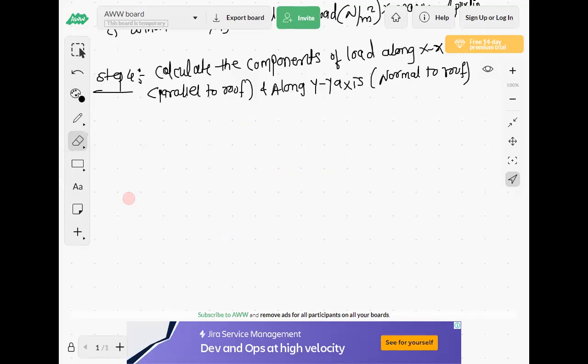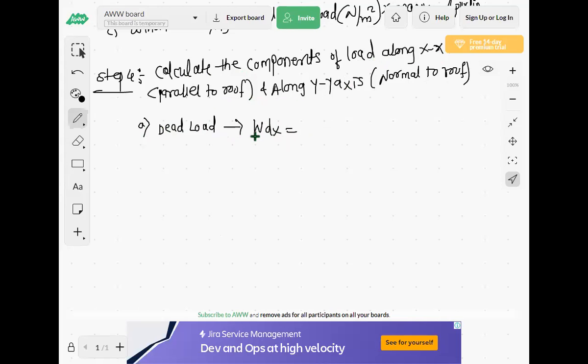There are resolution formulas. So first, dead load. Calculate components of the loads: dead load, live load, and wind load. These three loads are acting. Components of load along x-axis, parallel to roof, and along y-axis, normal to roof. So dead load, first WDX.